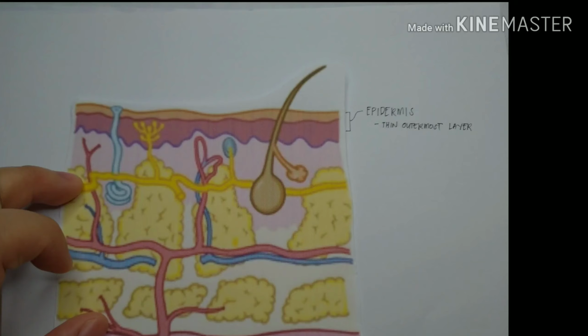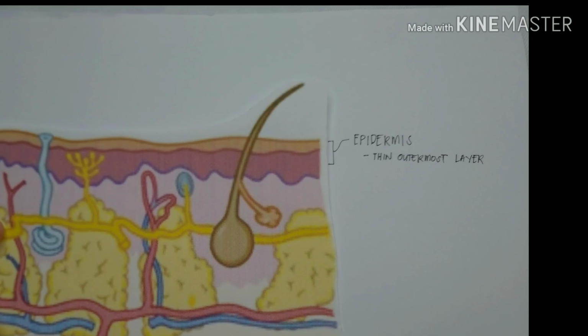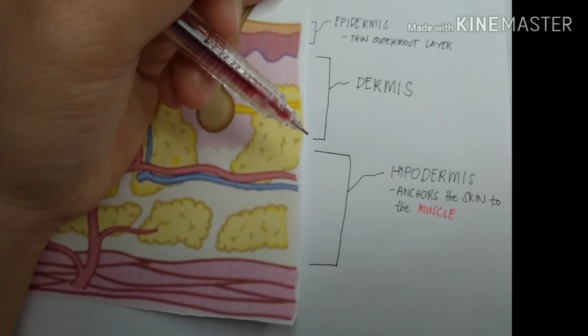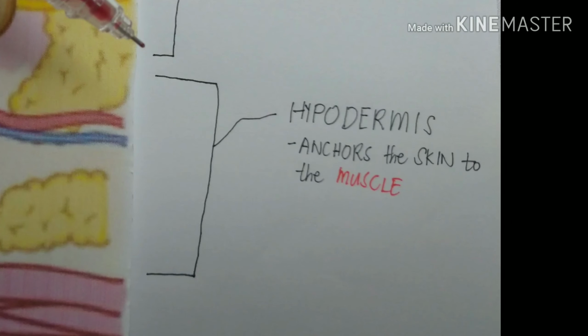Skin is divided into three layers. The epidermis forms the thin outermost layer of the skin. Underneath is the thicker dermis layer. And finally, there's the hypodermis, which anchors the skin to the underlying muscle.